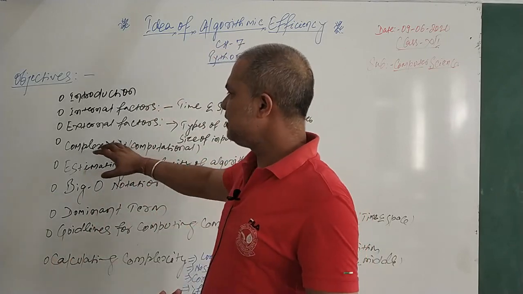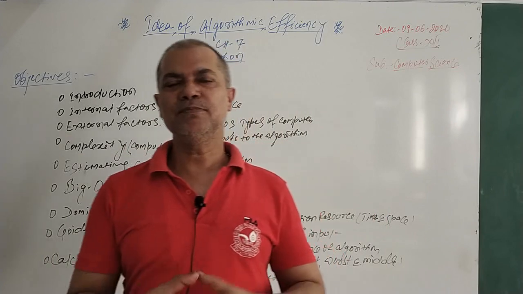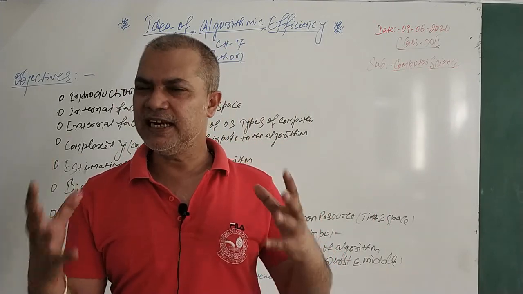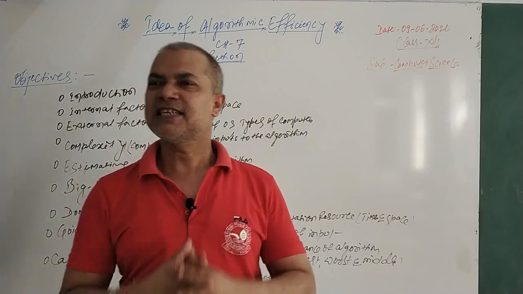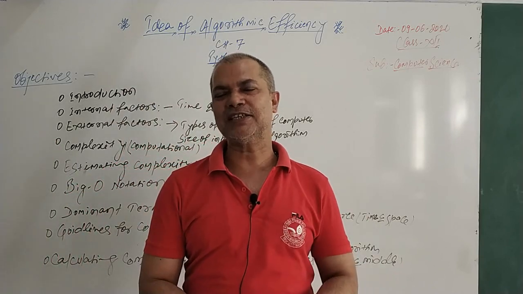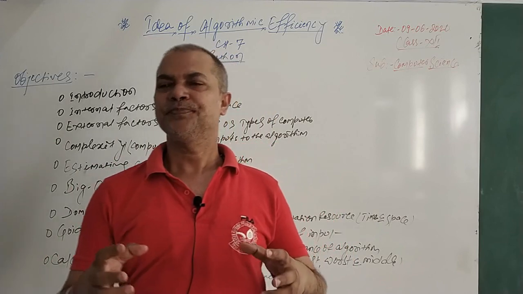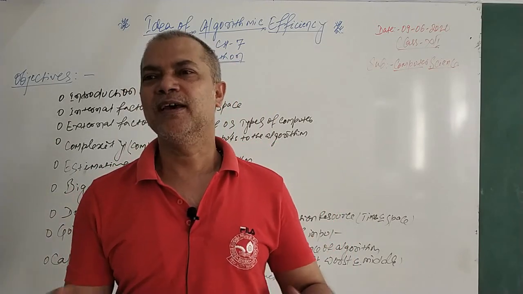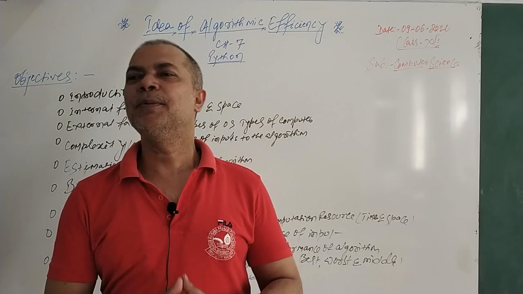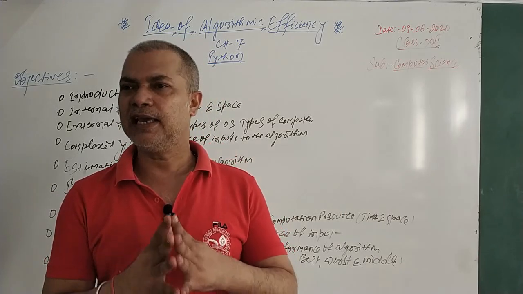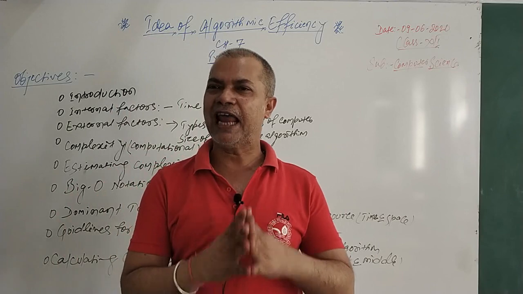And complexity is how cumbersome it is, how easy it is. That's called computational complexity. The second word for computational complexity is the efficiency of your computer or the efficiency of an algorithm. So you can say computational complexity is the efficiency of an algorithm.